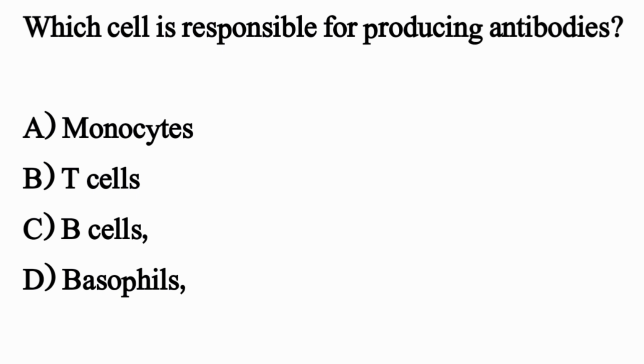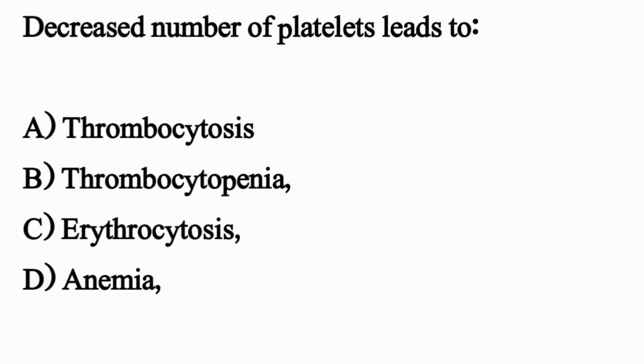Which cell is responsible for producing antibodies? The right option is option C, B cells. Decreased number of platelets leads to.